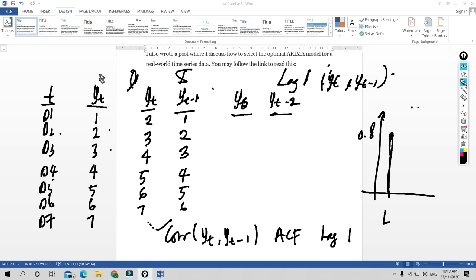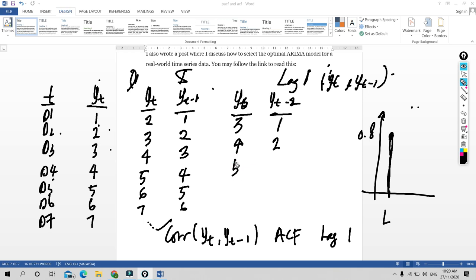For lag 2, we are losing 2 data, right? We are losing 2 data because we are comparing 2 steps ahead. We are comparing 3 and 1, 4 and 2, and so on and so forth.